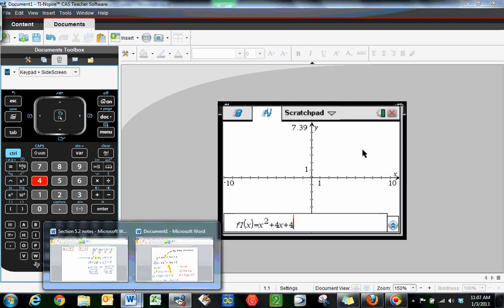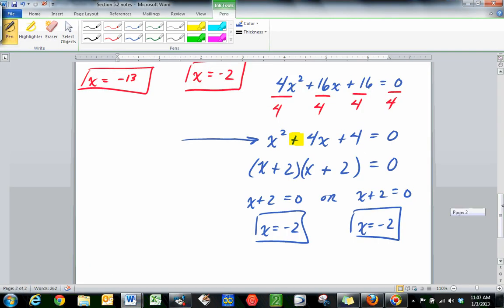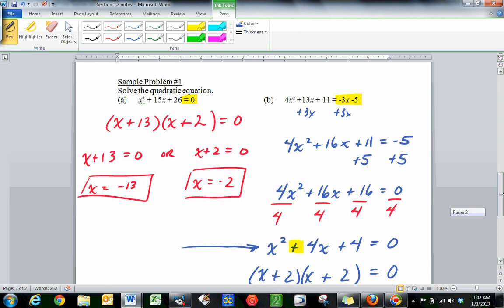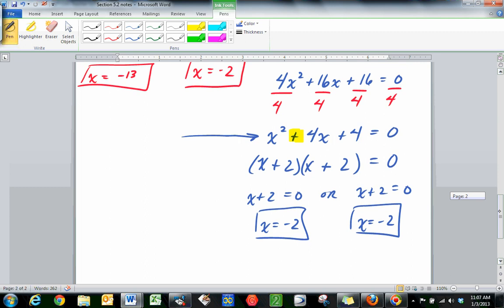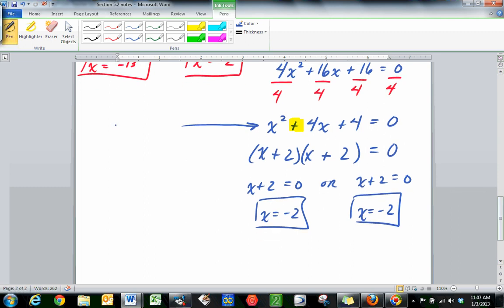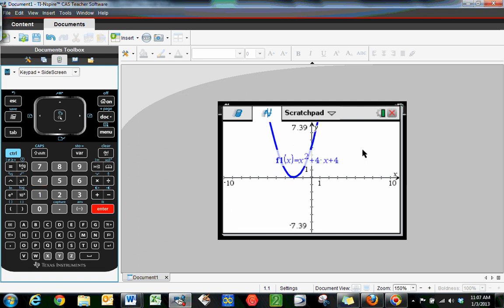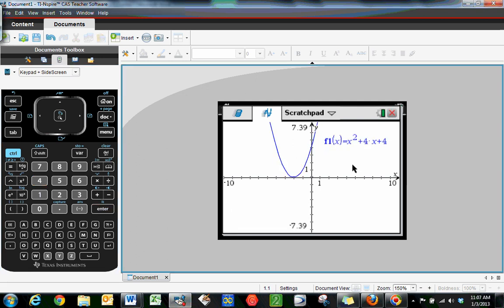Notice I didn't graph the original part because it was not in a function that I could graph. I chose to reduce it to the simplest form, so this is the simple form of the equation as a function. Whenever I graph that and hit enter, you'll notice that the graph only hits the x-axis one time, and that one place is at -2.